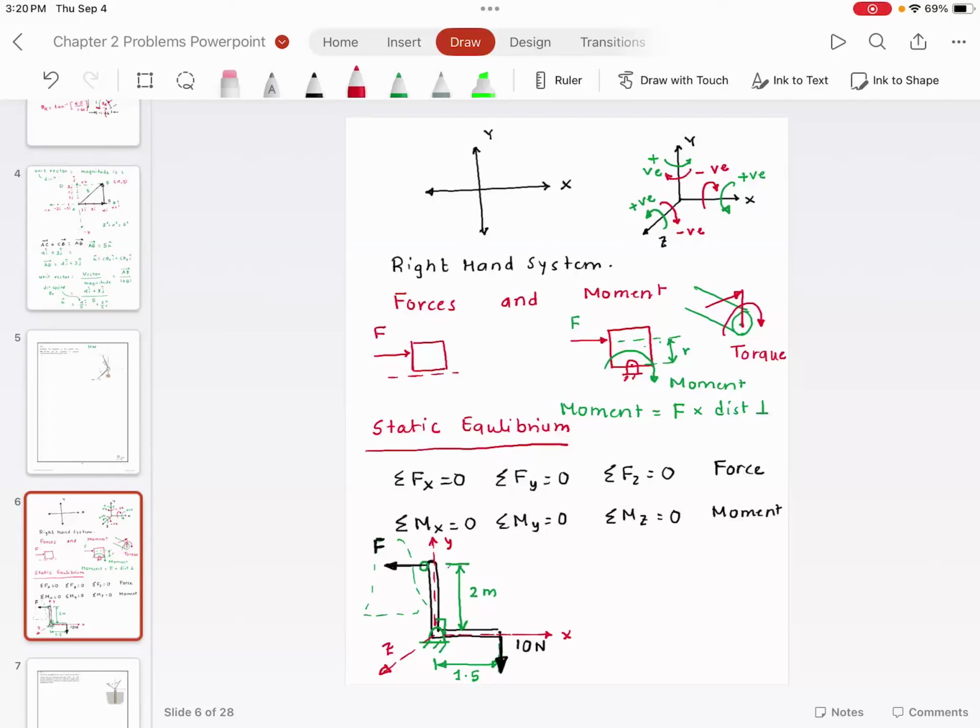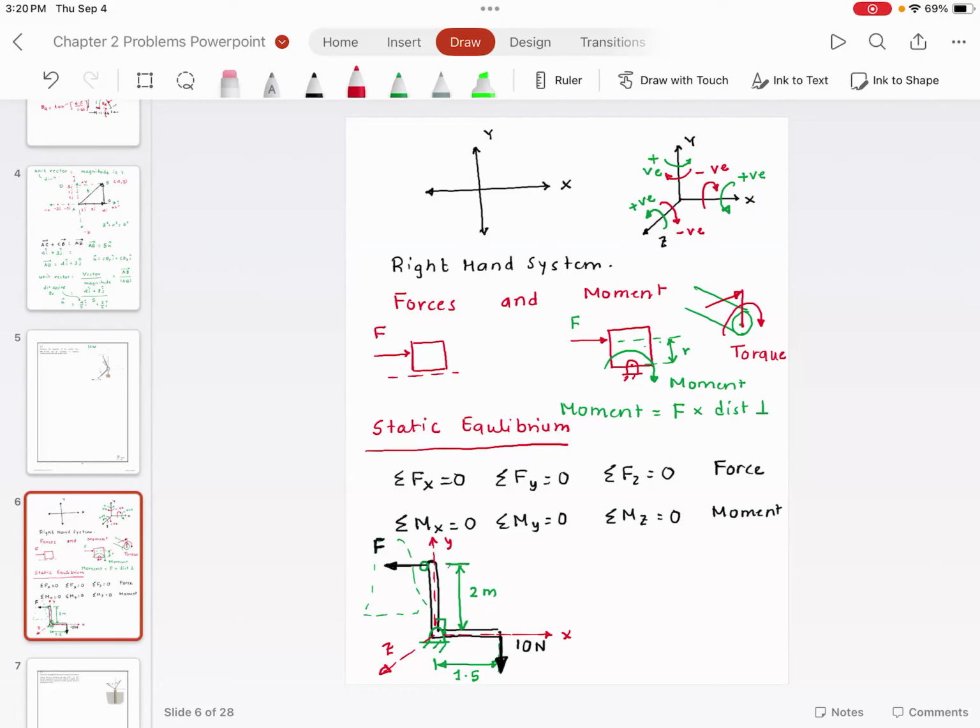Now, I want you to understand that this is the hinge. If I want this bell crank lever to stay in this position, do you agree with me that the moment given by this force should cancel out the moment given by this force?